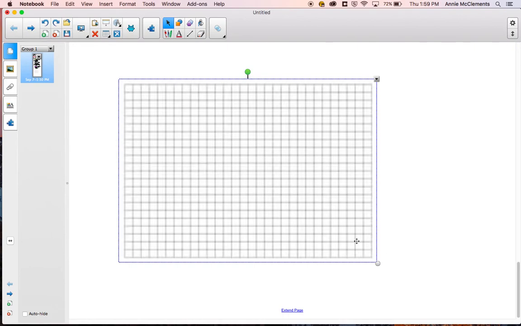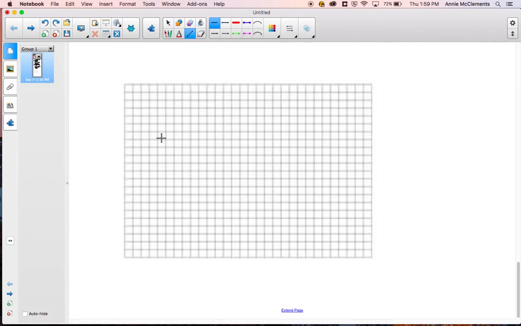So say we've got a position versus time graph, and this will be our velocity versus time graph.